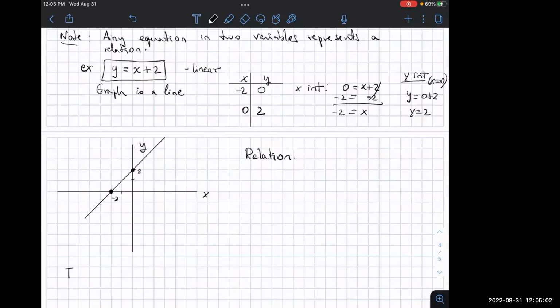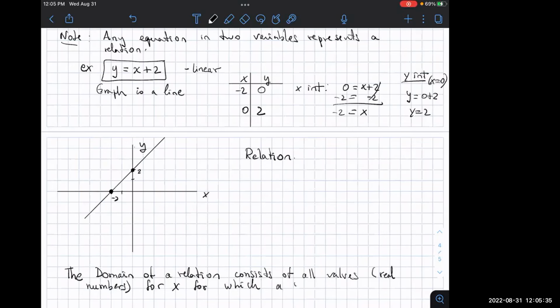So the domain of a relation consists of all values, namely real numbers, for X, for which a Y value can be found.